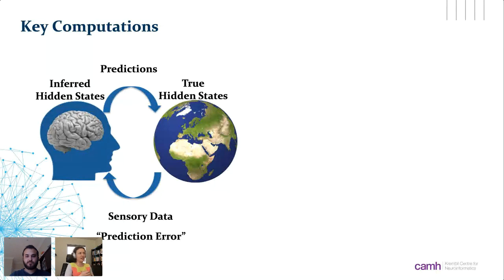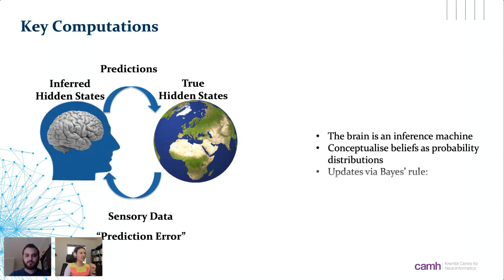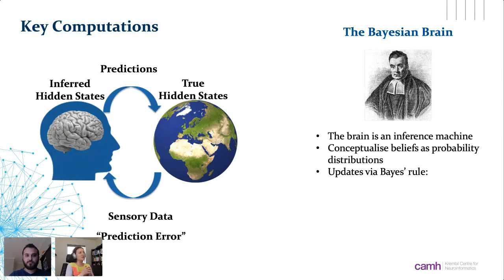Prediction errors reflect the discrepancy between our model of what caused those states in the world and the inputs that we receive from the world, the evidence that we obtain through our senses. This continuous process of adjusting the model is what one might formalize as the function of the brain.